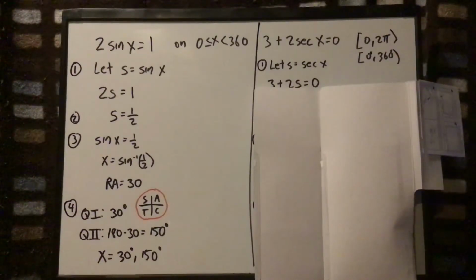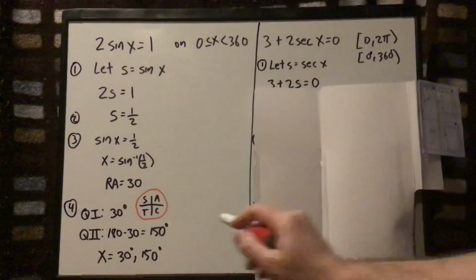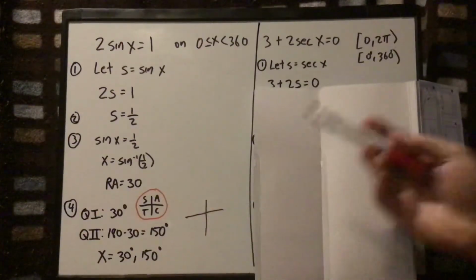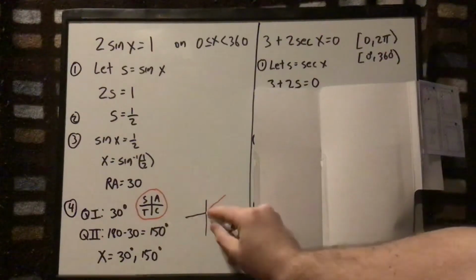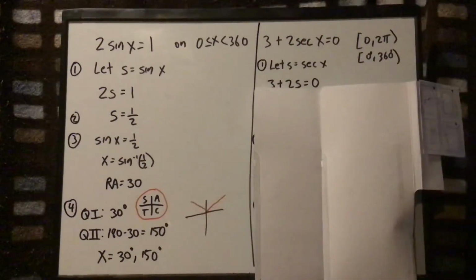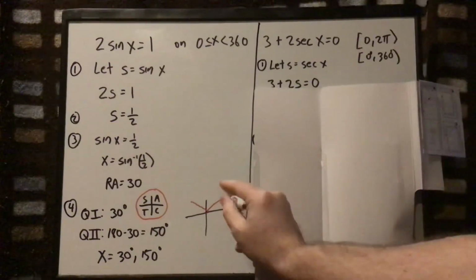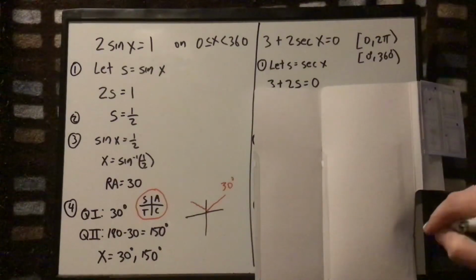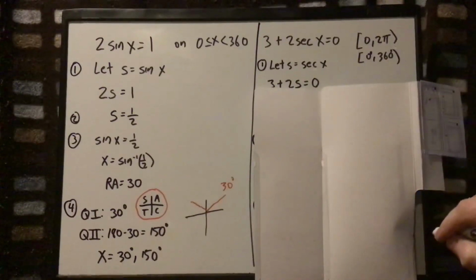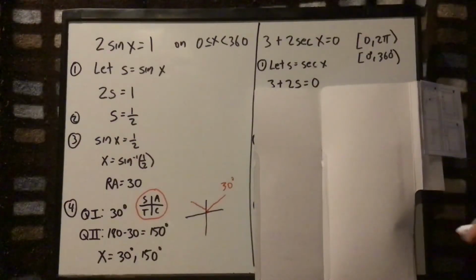Here's kind of a picture of what's going on. So the angle in quadrant 1 is what the calculator gave me. And then its mirror image in quadrant 2, I basically had to take that 30 degrees and subtract it from 180.